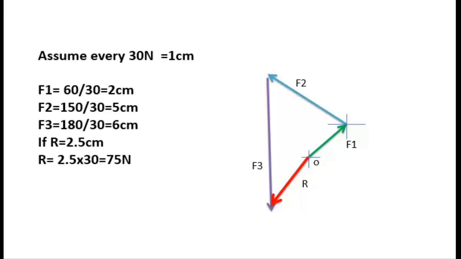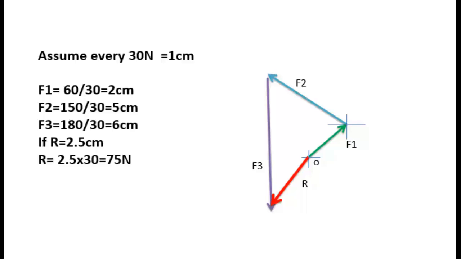So F1 is equal to 60 over 30, and it will be 2 centimeter. F2 will be equal to 150 over 30, which is 5 centimeter. F3 will be equal to 180 over 30, which is 6 centimeter.